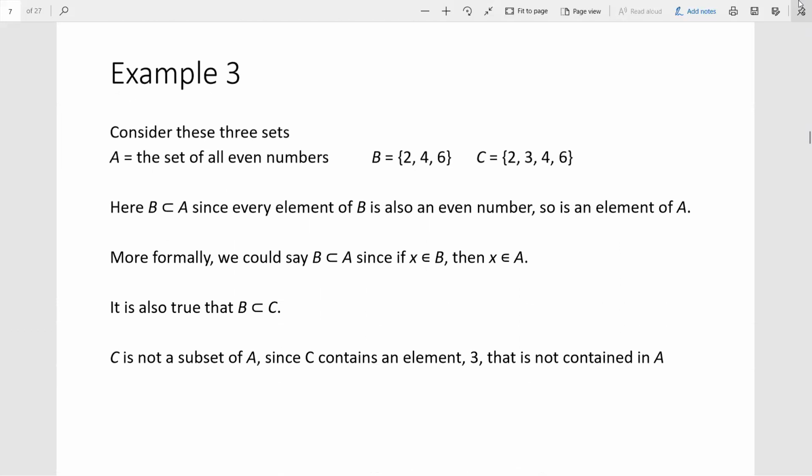Consider these three sets. A is the set of all even numbers. B is 2, 4, and 6. And C is 2, 3, 4, and 6.